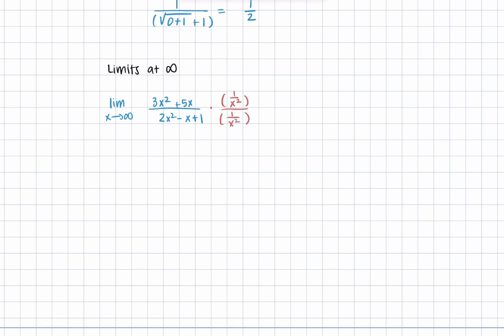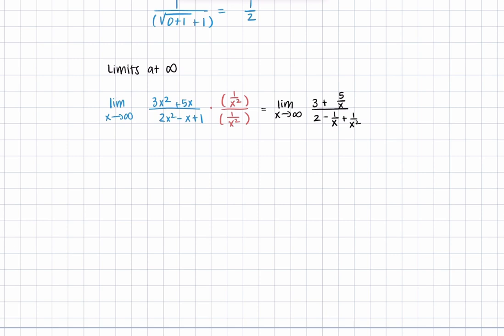This comes out to be the limit as x approaches infinity of 3 plus 5 over x all over 2 minus 1 over x plus 1 over x squared.